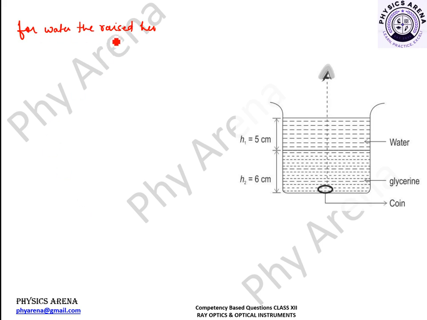So for water, the raised height x for w can be written as y for w minus y for w divided by mu for w. That is the actual depth for water minus the actual depth for water divided by the refractive index of water.